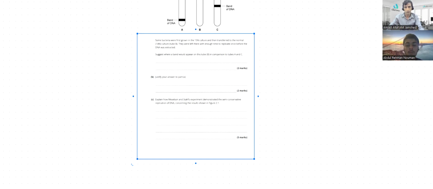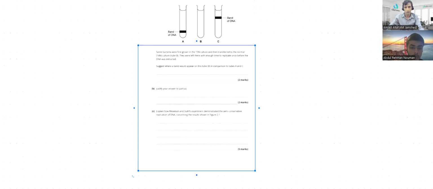So they are asking where the band is going to appear on tube B. So the band is going to appear somewhere around here, because it's not too dense or not too light.